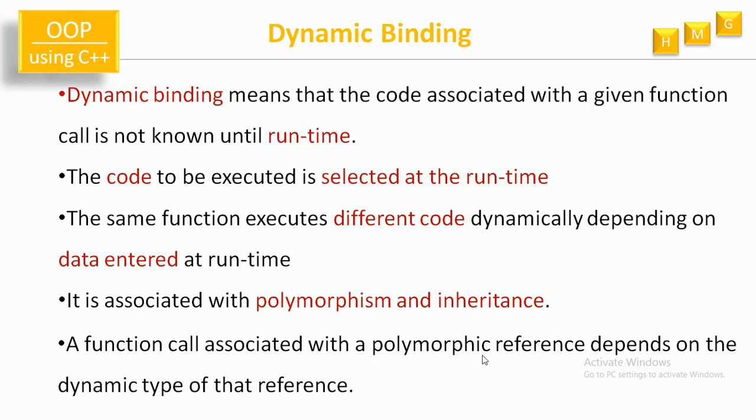Polymorphic means dynamic reference. Which function or which code to execute depends on the dynamic type of that reference, meaning what type of data is entered. So polymorphism is also achieved here through dynamic binding. This is the concept of dynamic binding.